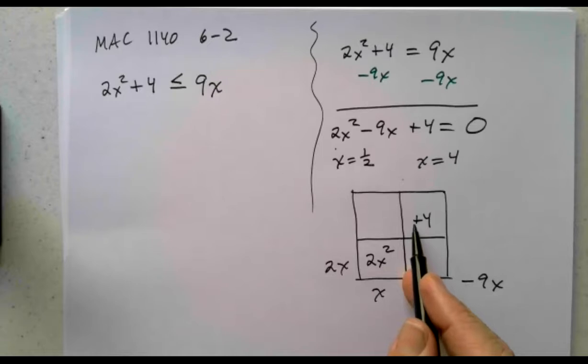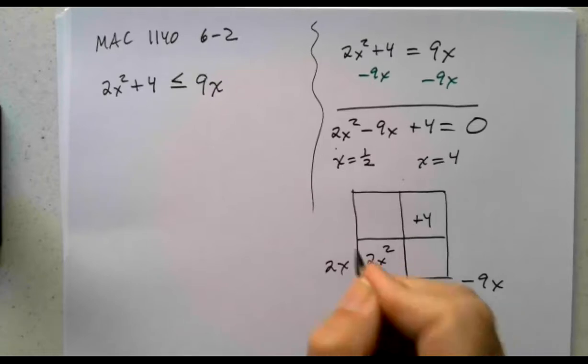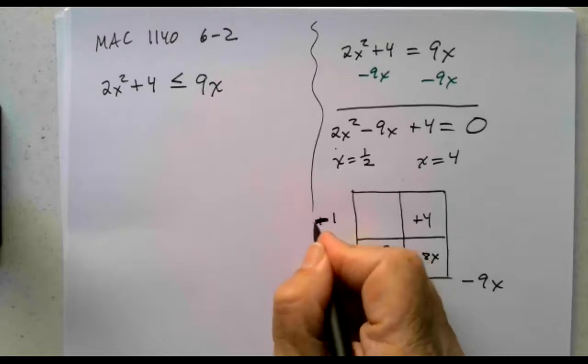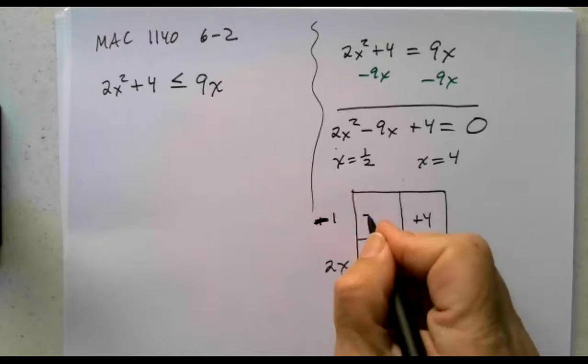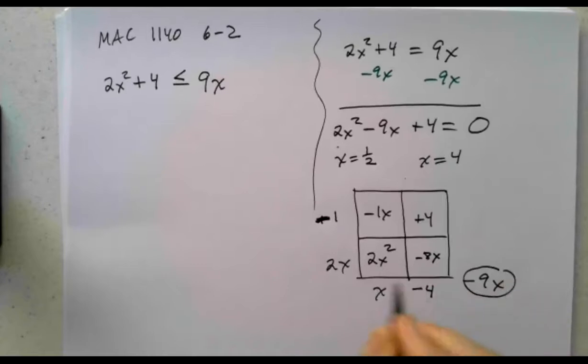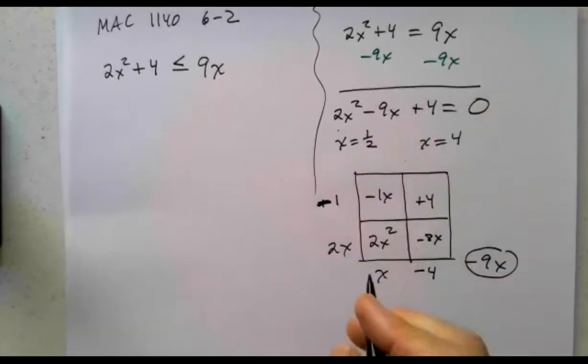It's positive, so either negative, negative, or positive, positive. I believe this will work. Negative 4 here, positive 1 there. Gives me negative 8x, negative 4 times 2x. Negative 8x, and excuse me, negative 1. Negative 1 times x is negative 1x. Negative 8x and negative 1x is negative 9x. So I get 2x minus 1 times x minus 4 equals 0.